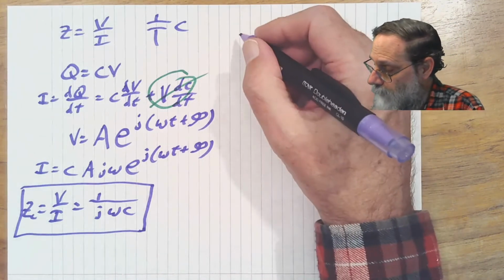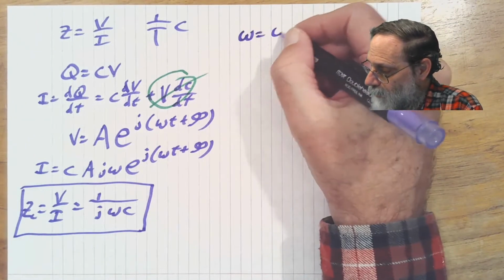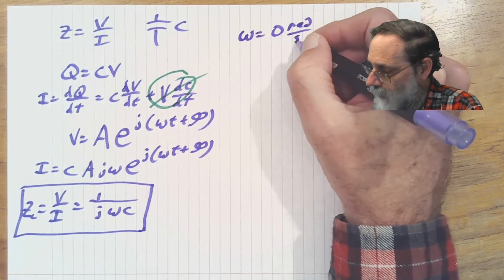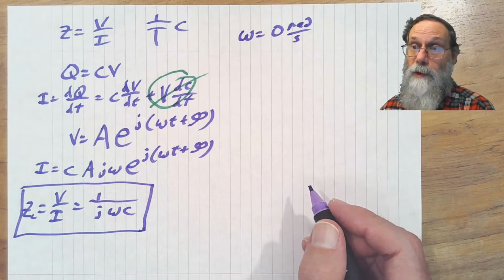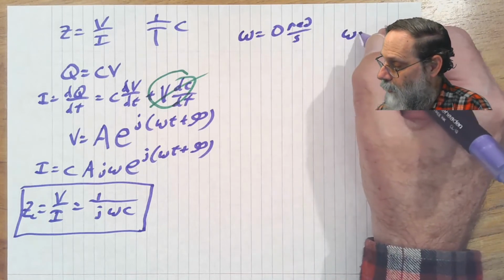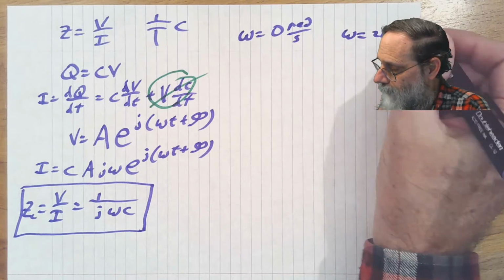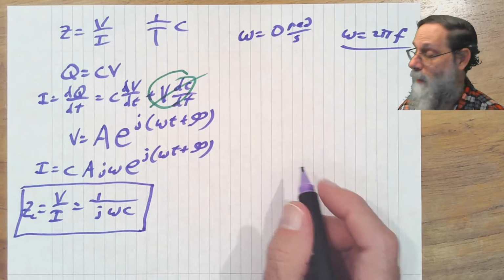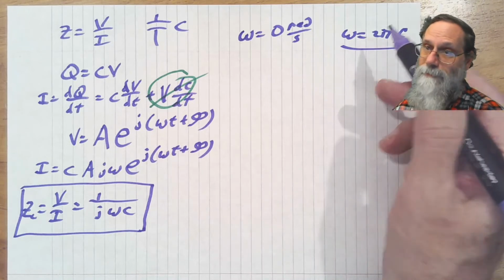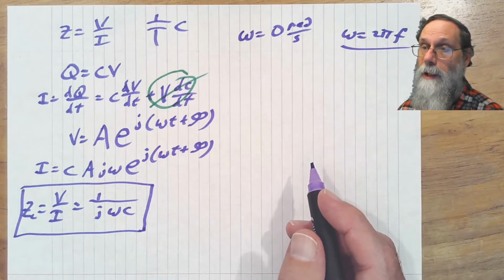What happens if omega is 0 radians per second? So 0 hertz, if we think of it in terms of frequency instead of angular frequency. Remember, we can do omega equals 2 pi f to convert between frequency and angular frequency. So if frequency is 0 hertz, omega is going to be 0 radians per second.